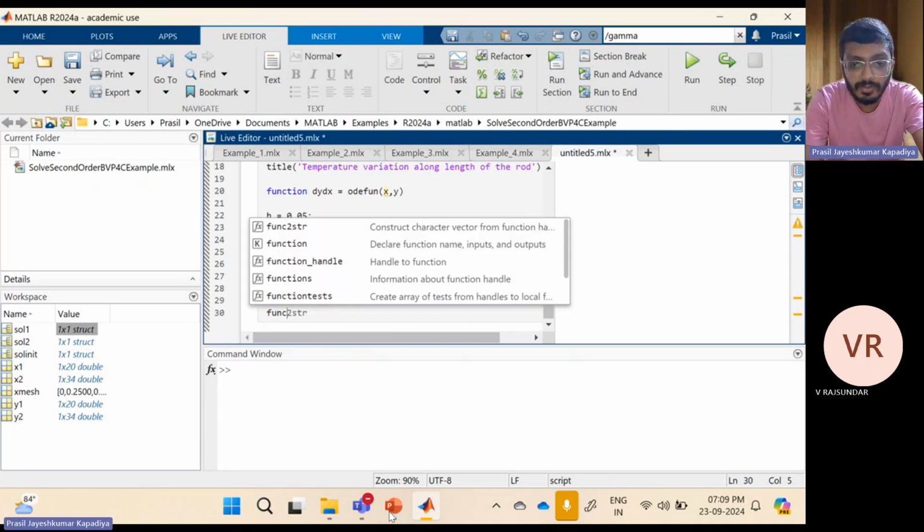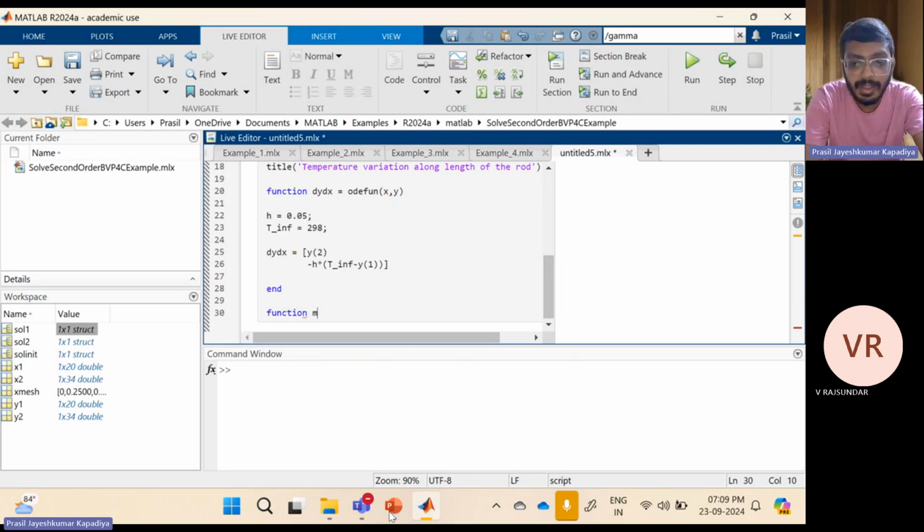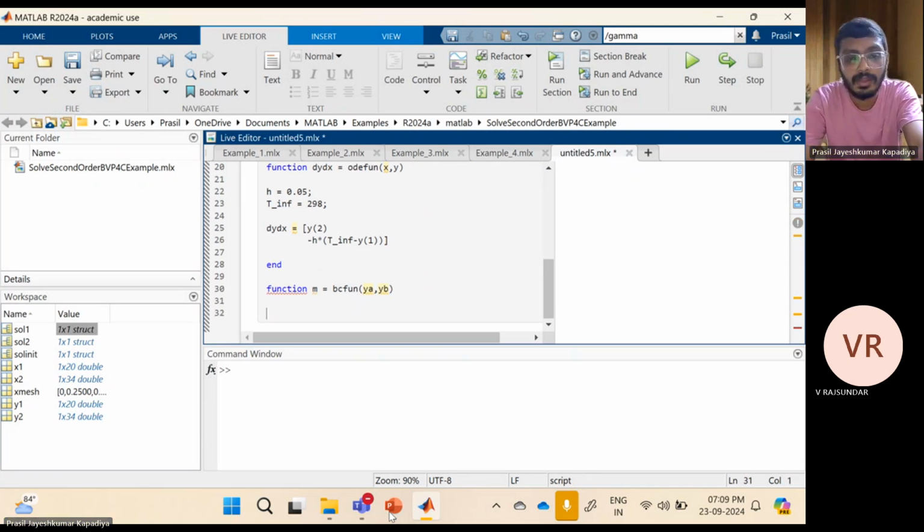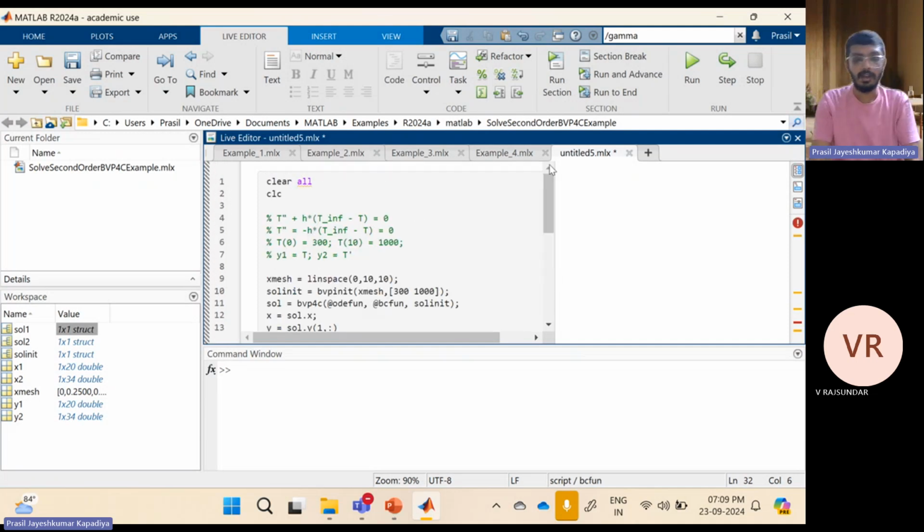Now let's write down the function m equal to the boundary condition function, ya comma yb. Correct? My m will be equal to, what is my first boundary condition?